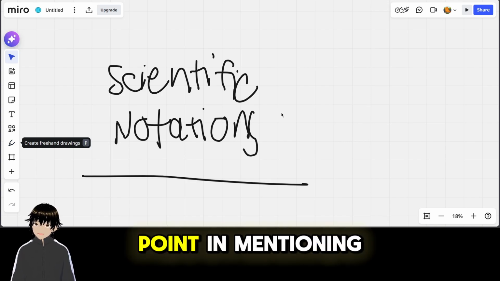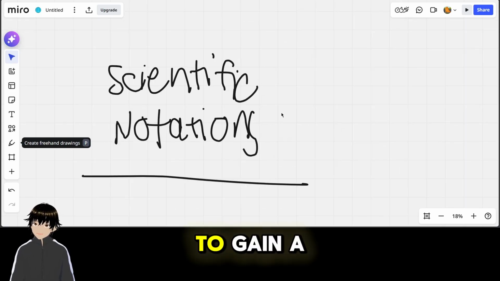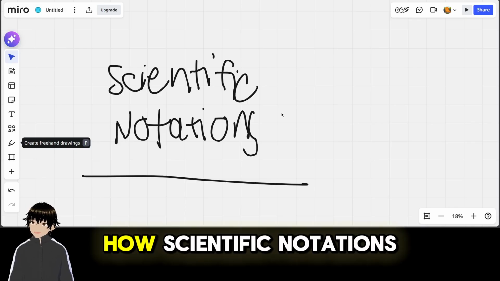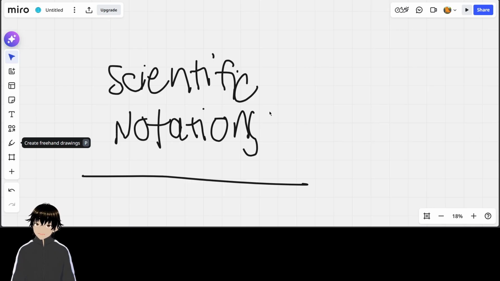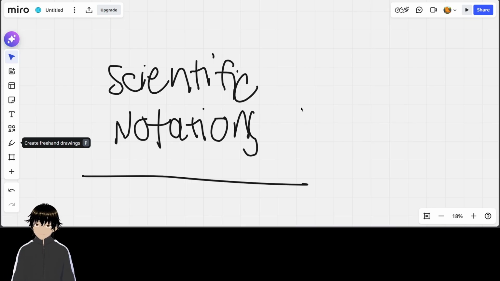Now, my main point in mentioning scientific notations is for you to gain an understanding of how scientific notations differ from engineering notations.